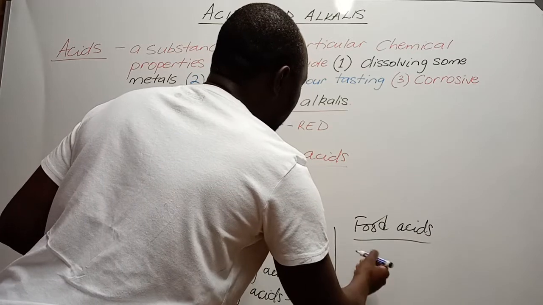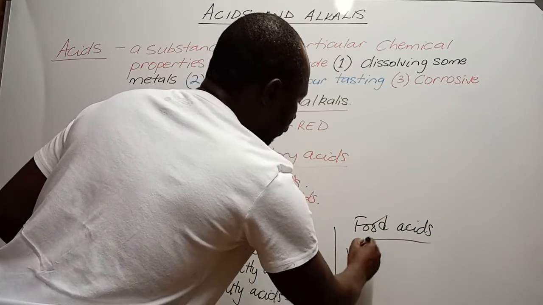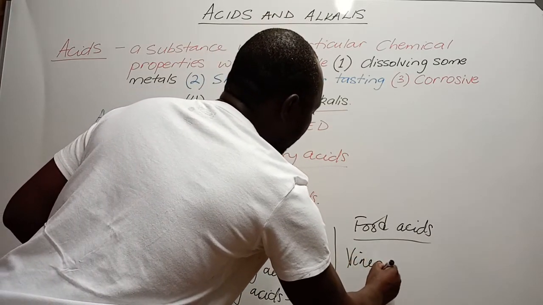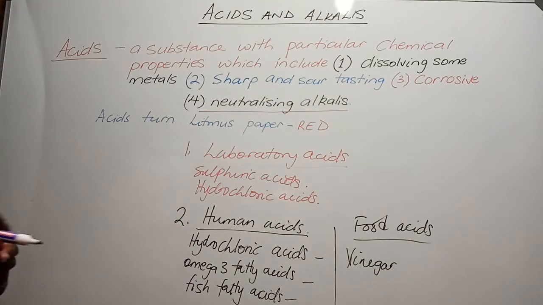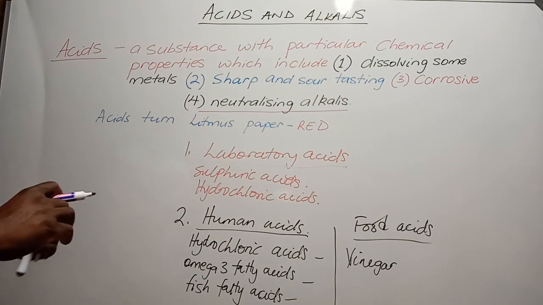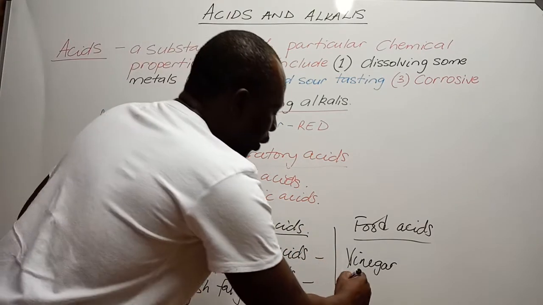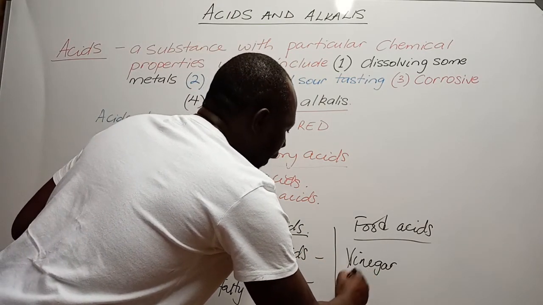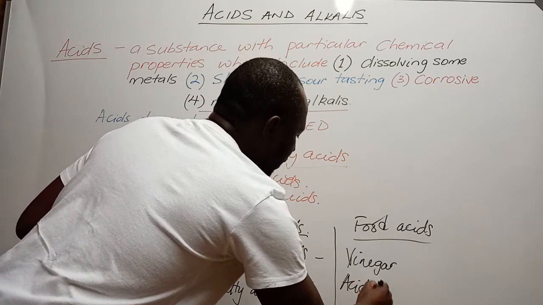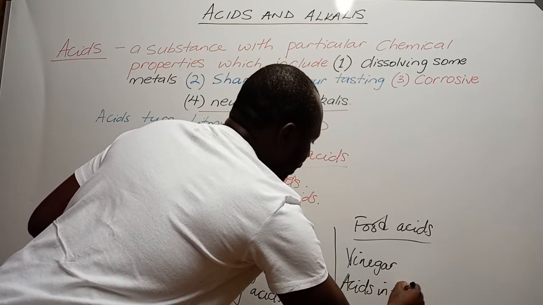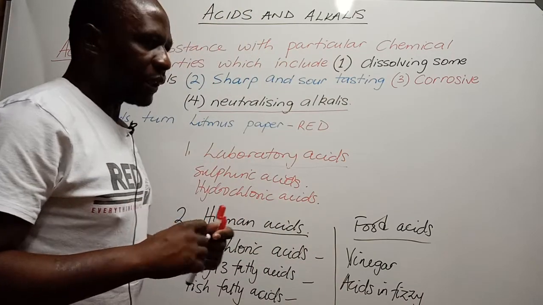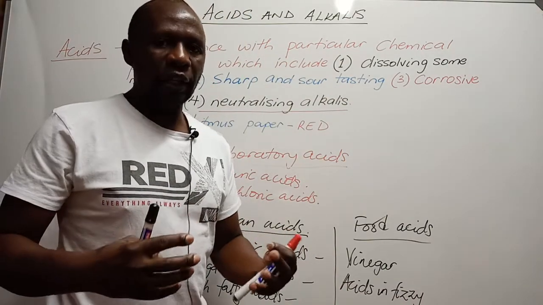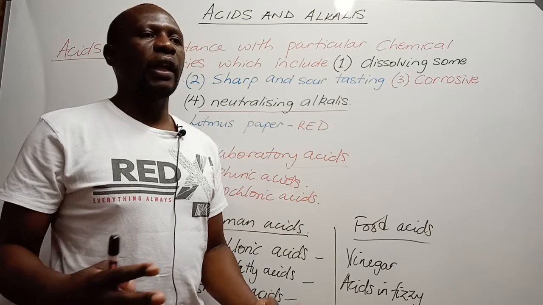Let's look at vinegar and other acids that are used in fizzy drinks. So we can say acids in fizzy drinks. At grade 7, we don't really go deeper into the chemical names.